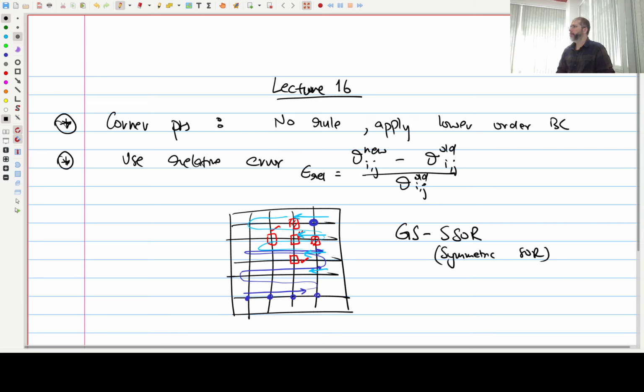Is that clear? So this tends to increase the accuracy. The number of iterations will most probably still be the same or maybe different, because now since we are getting closer quicker, we might reduce the number of iterations.